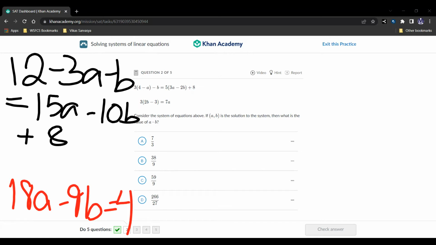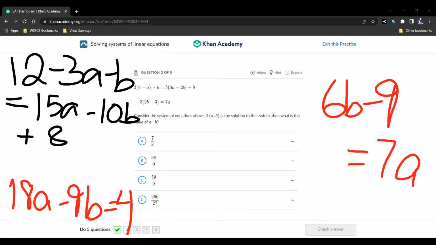Right. So we do that, and then we move on to the second equation, which is going to be 6b minus 9, and then we do the same thing. We do the elimination strategy, and we end up with 36a minus 18b equals 8. I'm not putting the minus 18b because we know it's going to cancel out.